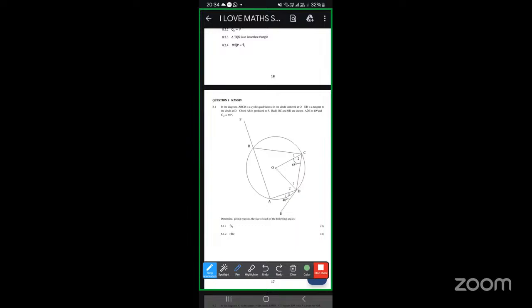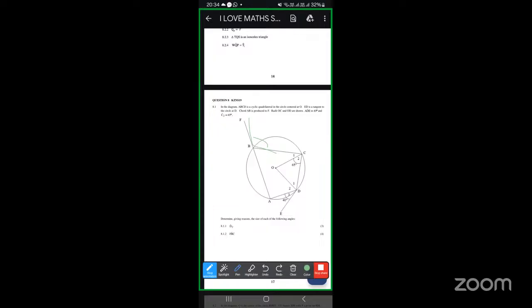So we are required to find this angle, FBC, this angle. How do you think we can find that angle? Do you have some idea of how we can find the size of this angle? Okay, to save some time, let me just try to work it out.